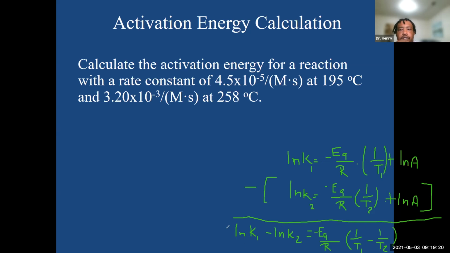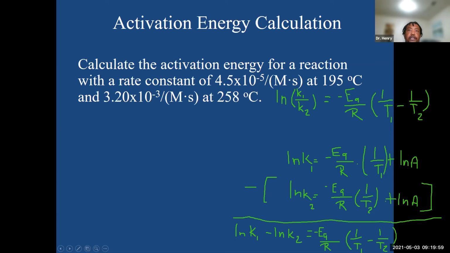Because I know the laws of natural logs, I could just say ln of K1 over K2 equals negative EA over R times T1 minus T2.